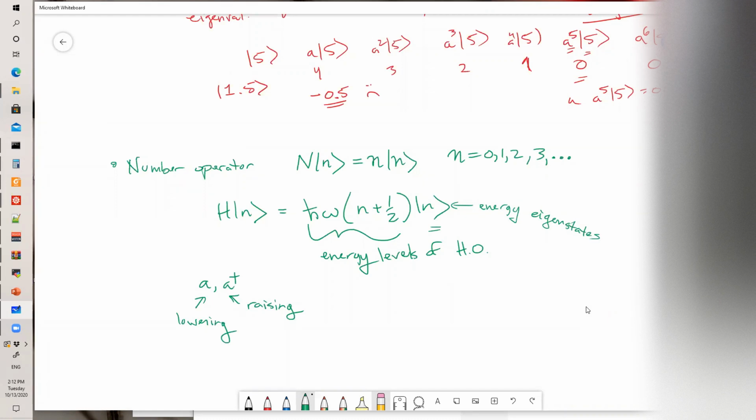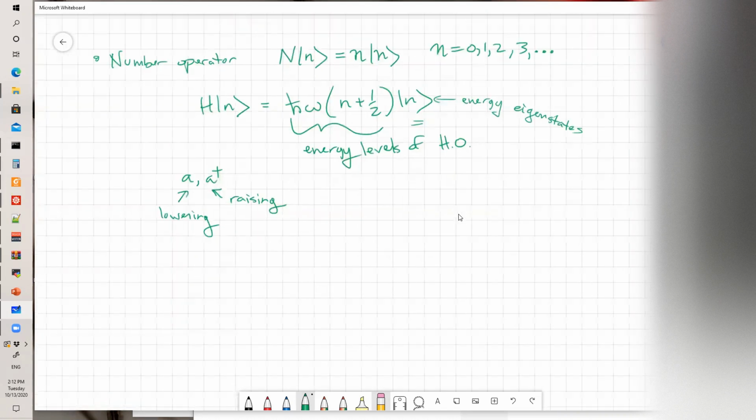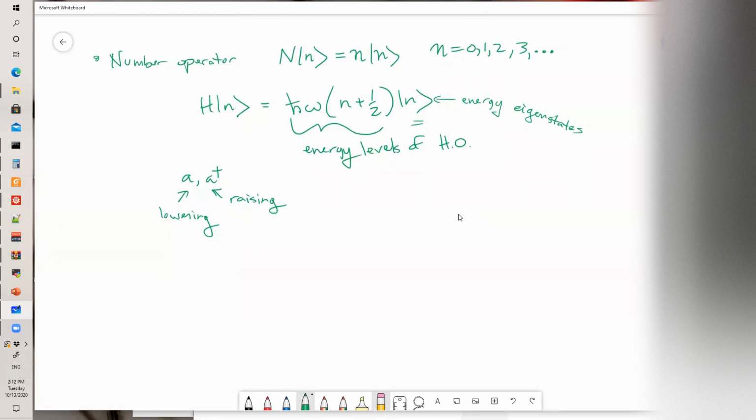Okay. And you can even work out what the normalizations have to be when you act with these raising and lowering operators.